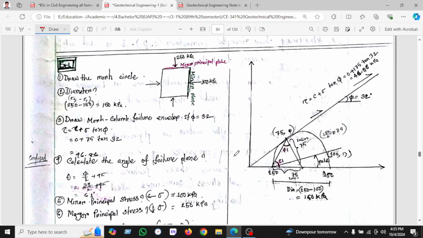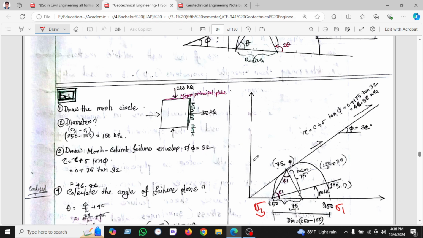So let's see an example. These are our soil properties as given. Draw the Mohr circle this way. The data is given here: 250 and 100 kPa, this is the major principal stress and this is the minor. So what is the diameter?